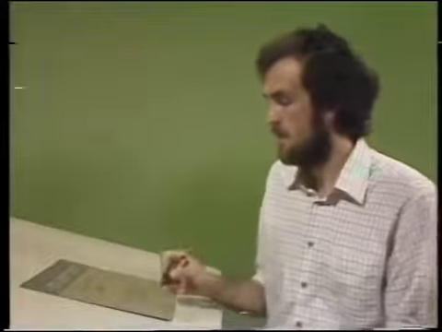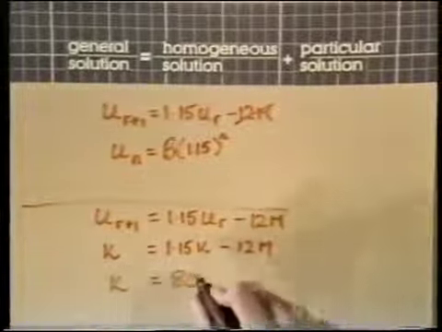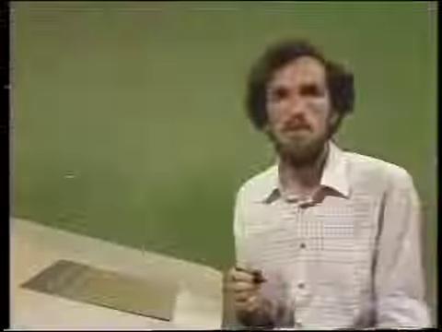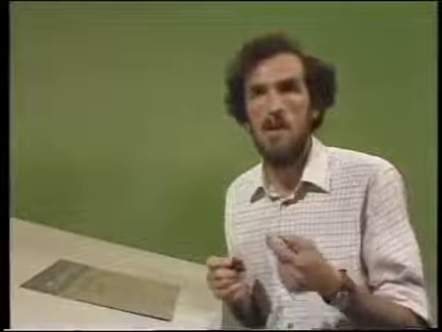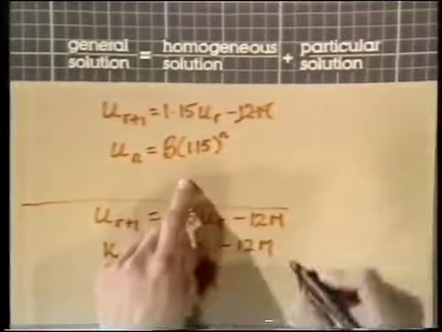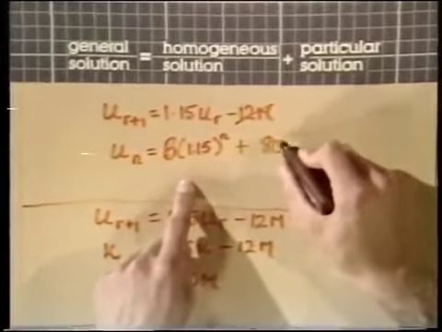And after some arithmetic, we end up with the value k is equal to 80M. Okay, so the general solution to our non-homogeneous problem consists of the general solution to the homogeneous problem plus our particular solution, which is 80M.